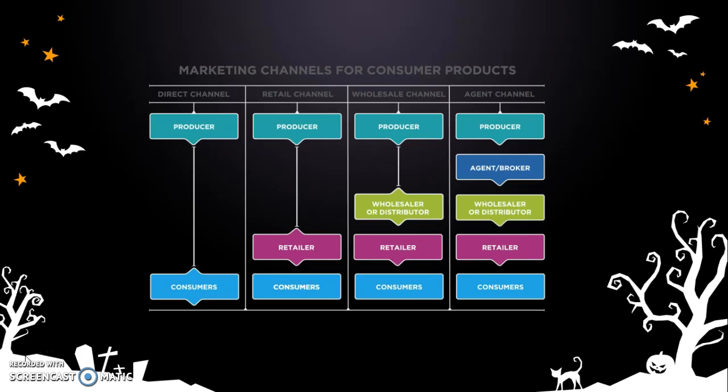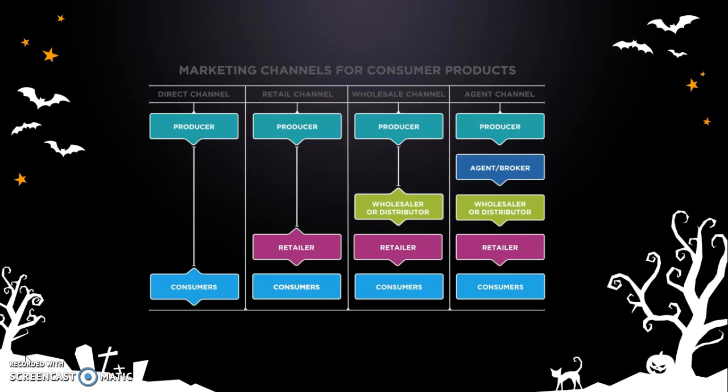We have the direct channel, when the producer contacts the consumer directly, as they were doing. Then we have the retail channel, where the producer sells to a retailer to sell it to us. Then we have the wholesale channel, where the producer goes to a wholesale distributor, who gets in charge of getting to the retail companies, and then the consumer buys from them.